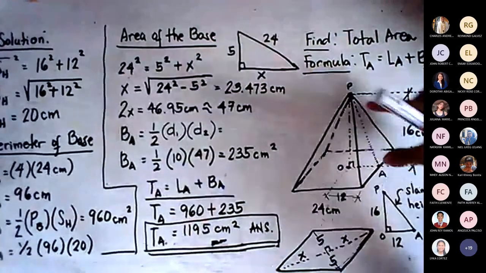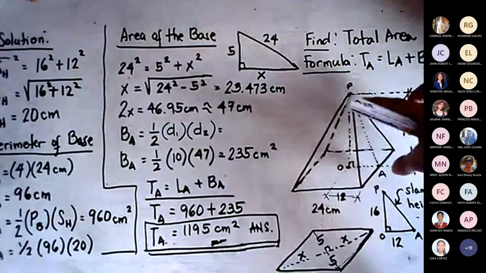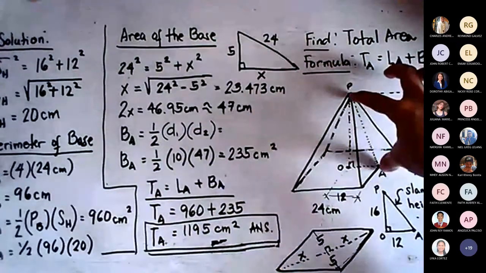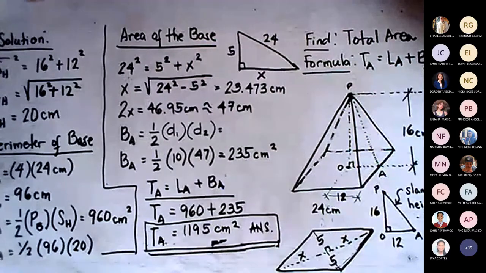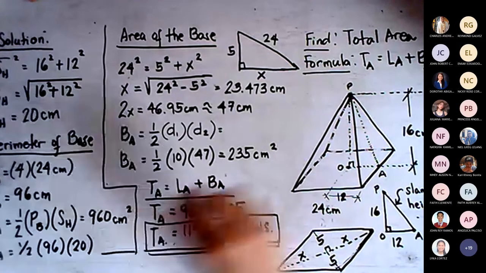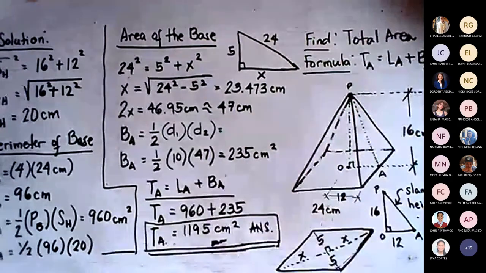So you would notice if this is the lateral face, once you have the slant height, actually the formula for this lateral area is taken from the area of the slant height, and then you multiply it by the number of sides. Do you have any question?